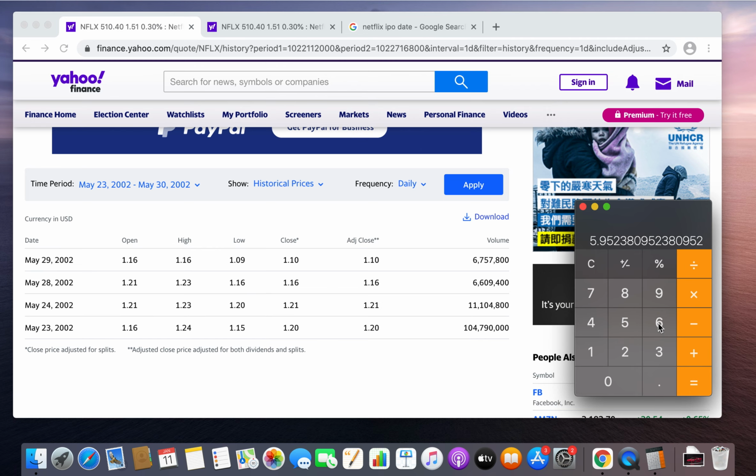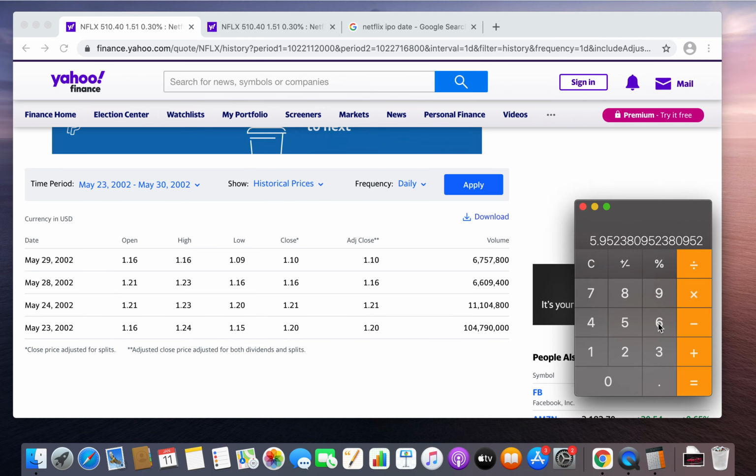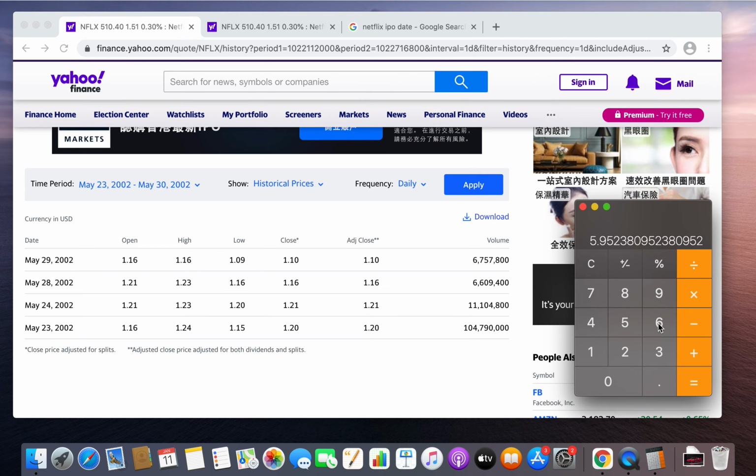So we're going to assume that you really could buy 5.95 shares, which probably is not true. Okay. So that's how many shares $100 would have bought exactly back on the first day of the IPO. 5.952 whatever shares.